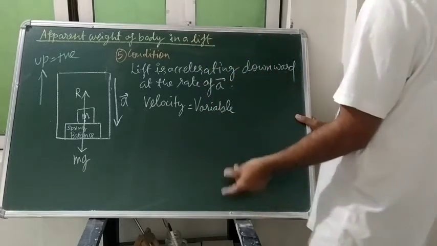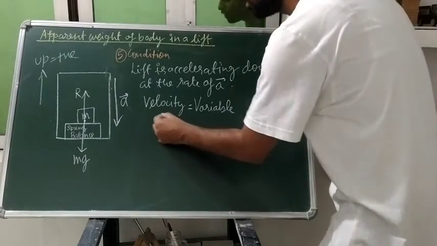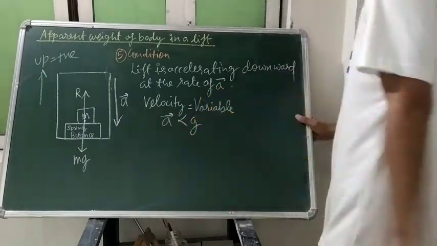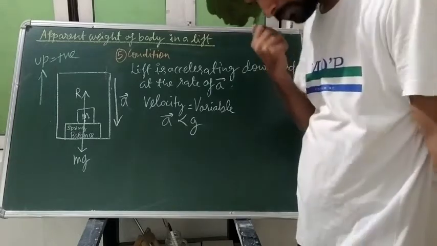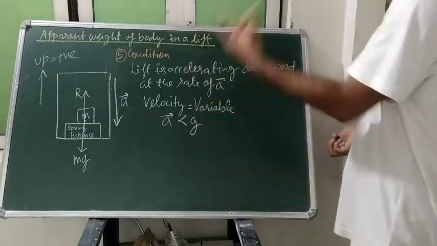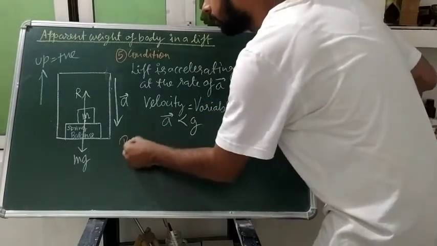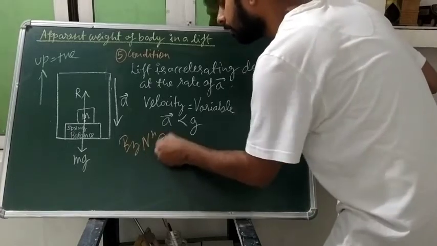Okay, now it is accelerating downward with the rate of a. Velocity is variable, and of course this acceleration will be less than g in this case. Upside we are taking positive. Which law will you apply? Accelerating, so Newton's second law.